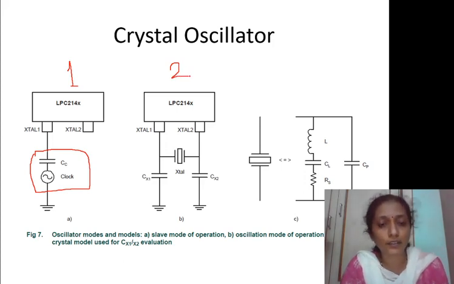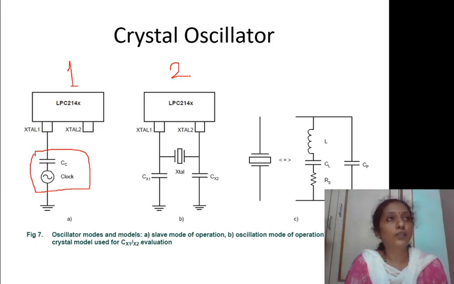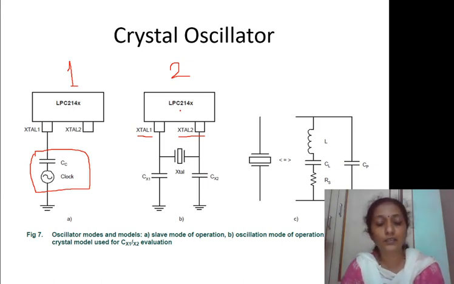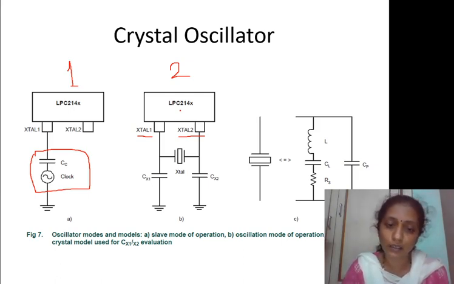And the second method is to connect a crystal to the LPC2148 at the points XTAL1 and XTAL2. So when you connect the crystal at these 2 points, the internal clock oscillator will generate the clock signal using the crystal, and the crystal will decide the frequency. Here the clock signal generator will decide the frequency.